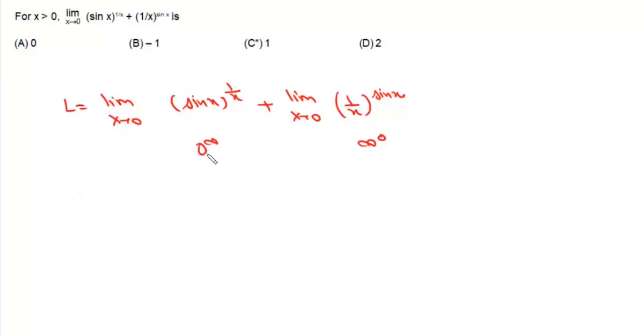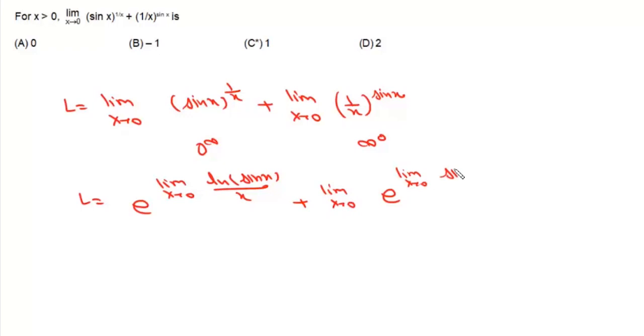Now basically 0 to the power infinity is not an indeterminate form. So we'll actually write this as e to the power limit x tends to 0 log sin x upon x plus this limit x tends to 0 e to the power limit x tends to 0 sin x, and this is log 1 by x.